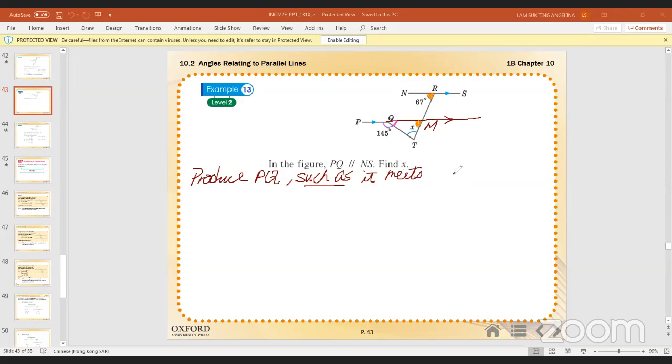Of course, it is more proper if you use "intersect".